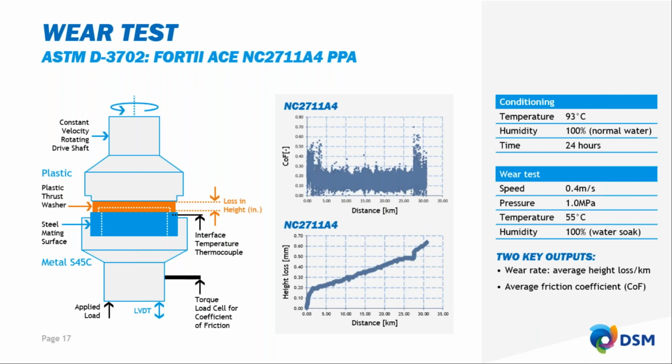And the test itself was conducted, as you can see there, at 55 degrees C in a high humidity environment, so that was at 100% relative humidity. So we've characterized for this unreinforced 4T ACE product, that's an unreinforced PPA, our measurement for coefficient of friction and our wear rate, as you can see on that lower chart on the right there.